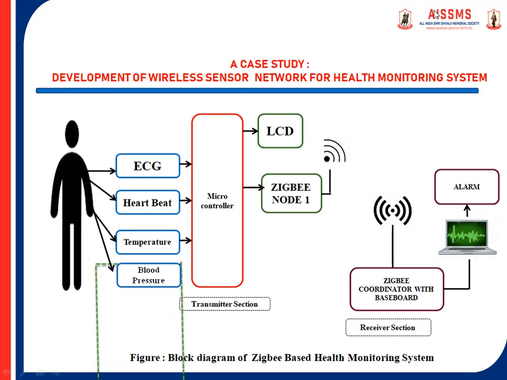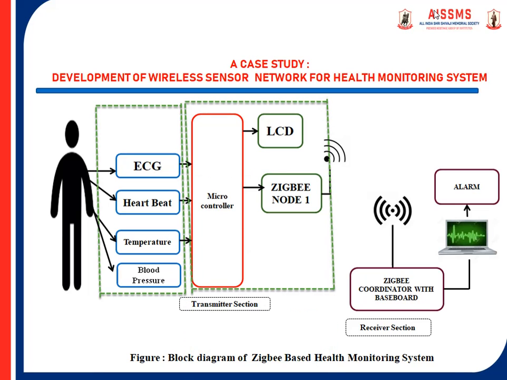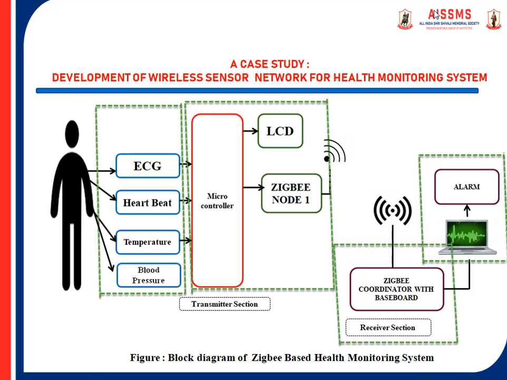The system is divided into the sensing subsystem, which has all the sensors, the processing subsystem where the microcontroller and Zigbee part are available, and finally the display system. The transmission section consists of the sensing subsystem and processing subsystem, and the receiving section consists of the Zigbee and the final alarming or display system.